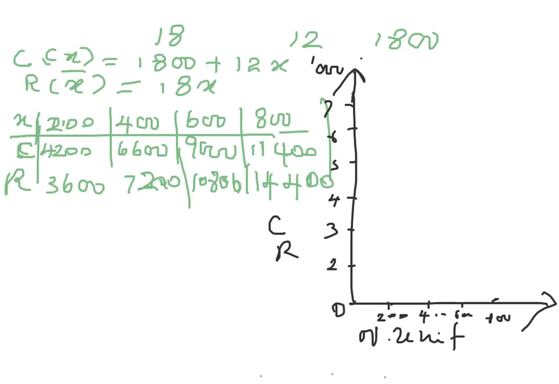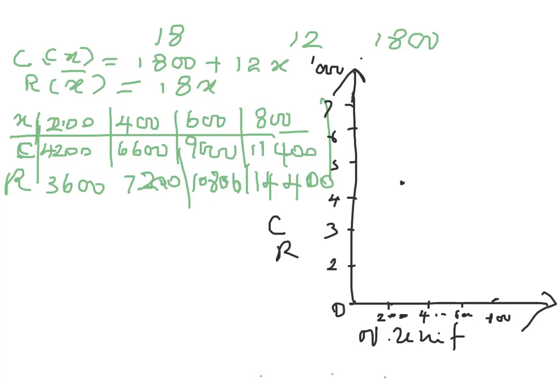But remember, when x equals 0, we can know the cost value, because x equal to 0 means our total cost equals only the fixed cost, right? Total cost equals fixed cost when we do not produce any product.